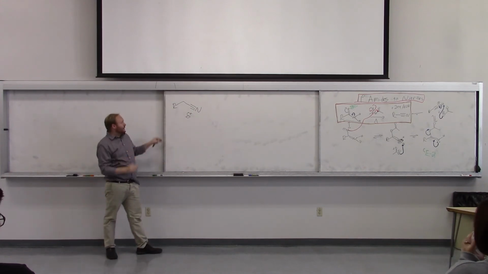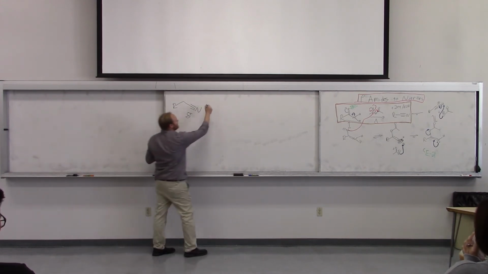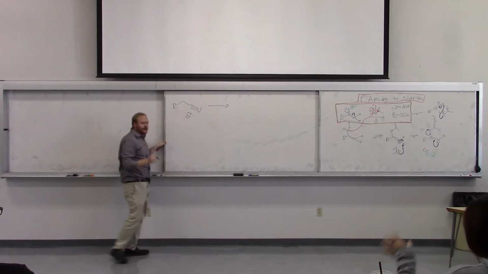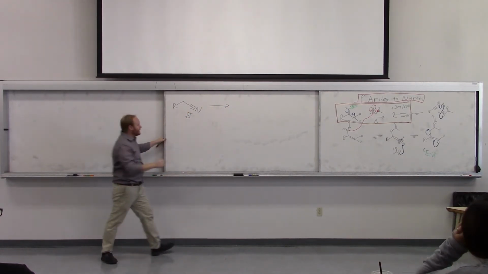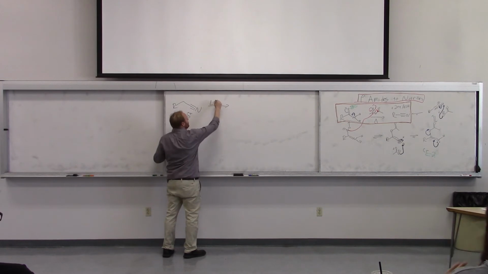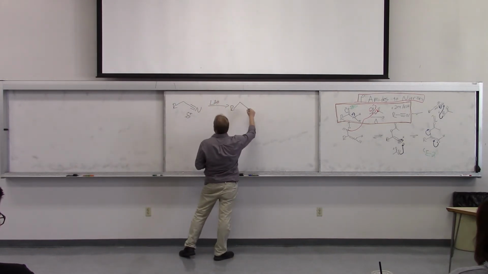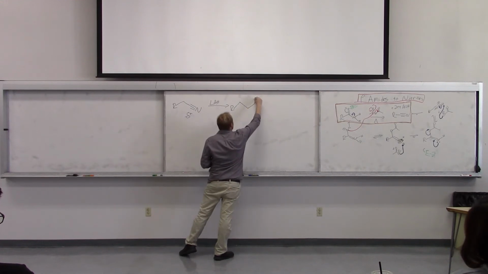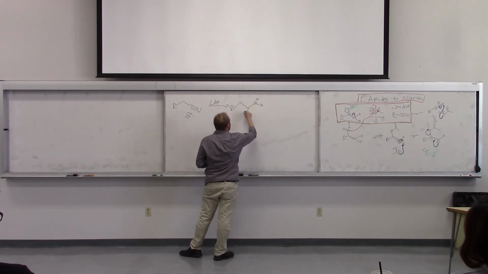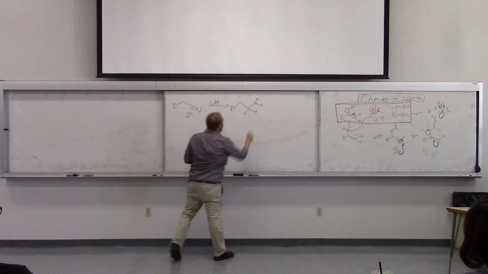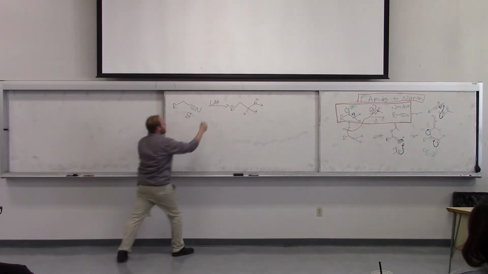So, for example, if you take a nitrile and LAH, and this is stuff we talked about in chapter 16, we will get a primary amine out.